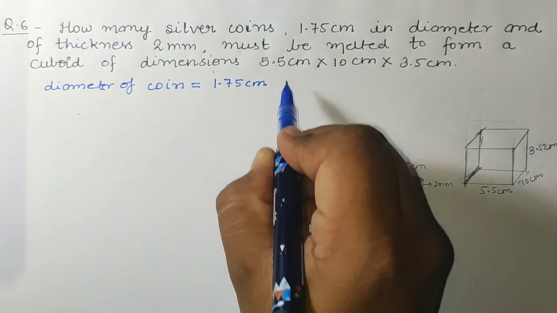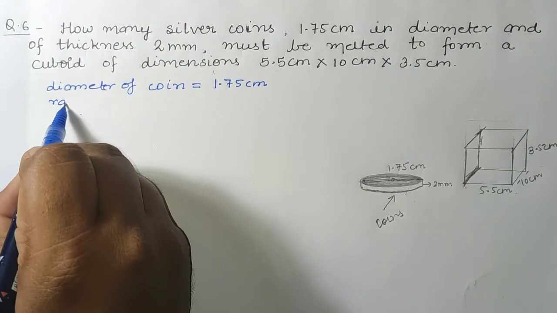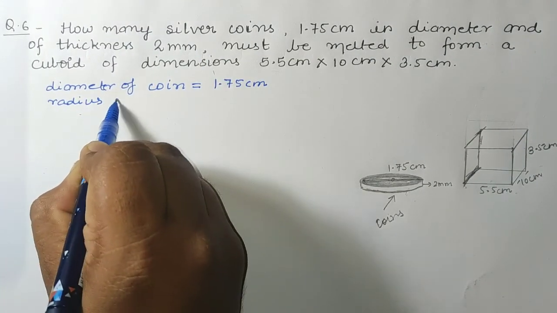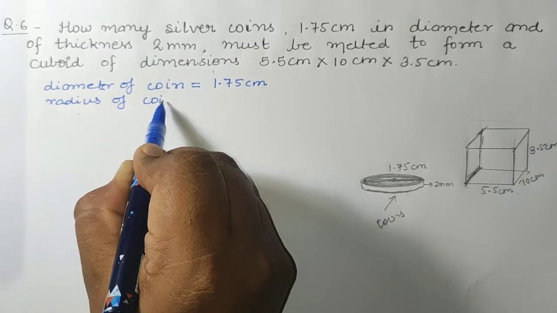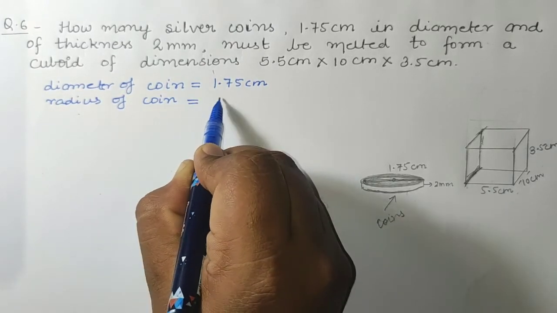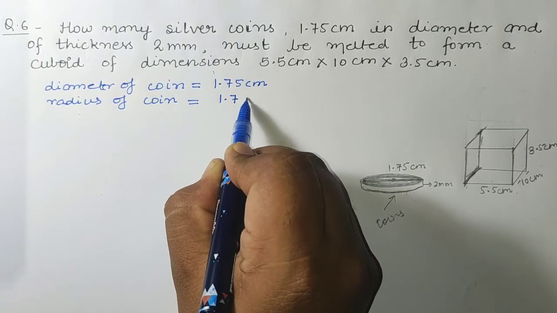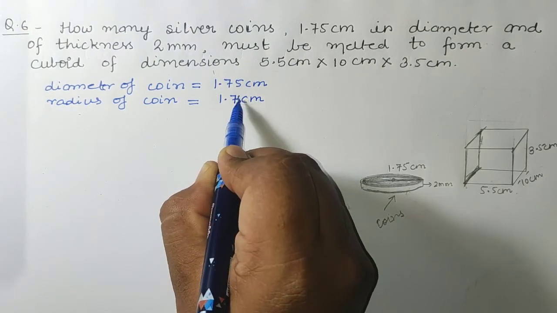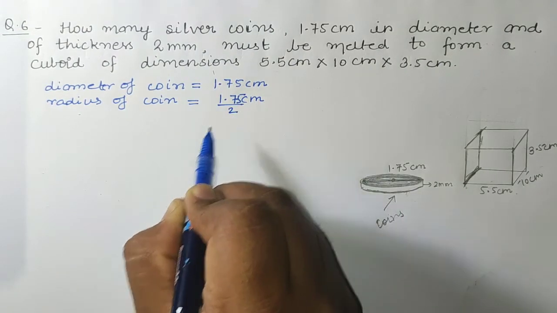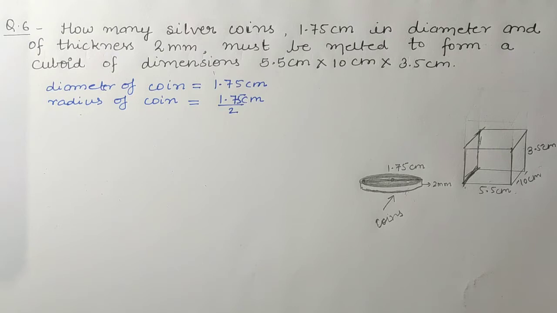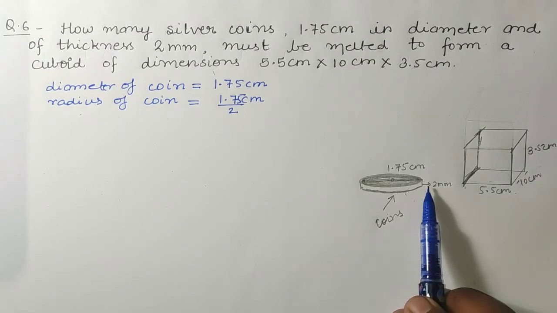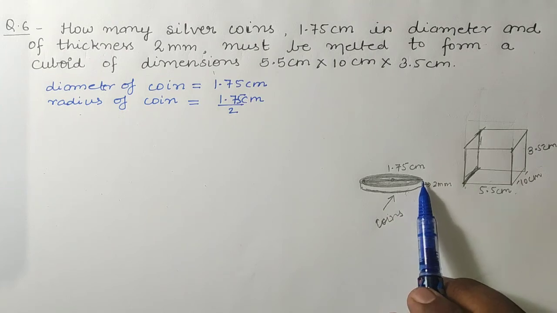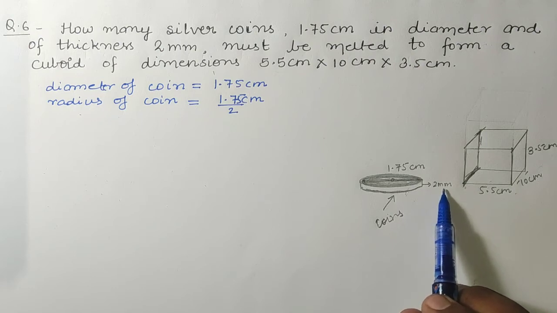So radius of coin will be 1.75 centimeter by 2, just half of the diameter. Students, its height is given 2 millimeter.